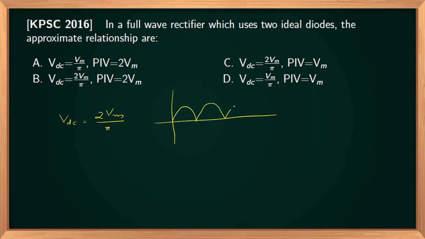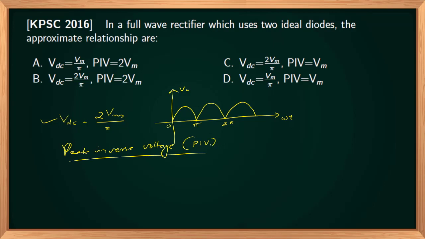This will be the output for a full wave rectified signal, with omega t at 0, pi, 2 pi, and so on. The average value of output voltage V0 is 2 Vm by pi. Now peak inverse voltage, PIV, is defined as the maximum voltage across the reverse biased diode. For a full wave rectifier, the peak inverse voltage equals 2 Vm. The correct option is option B, that is VDC equal to 2 Vm by pi and peak inverse voltage equal to 2 Vm.